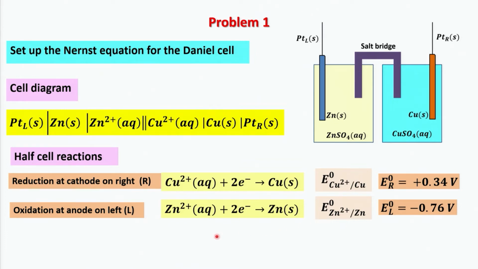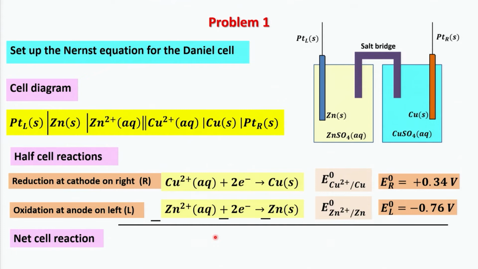Now, in order to write down the net cell reaction, I have to reverse the reduction reaction for the anode, because at the anode we have oxidation. The way to do it is, I add negative signs over here, basically implying that I am taking this equation and deducting this equation from the first one.